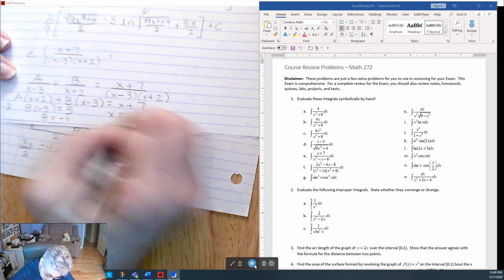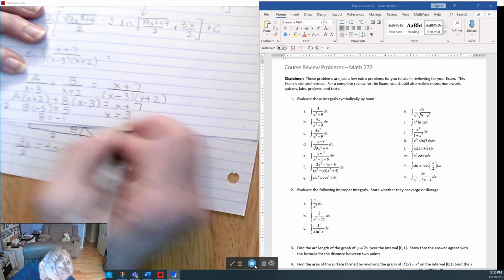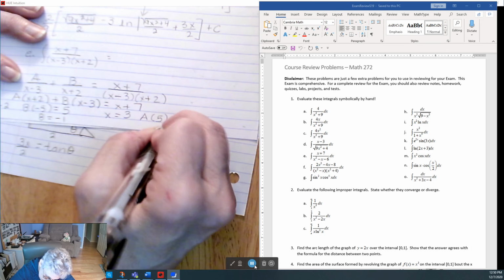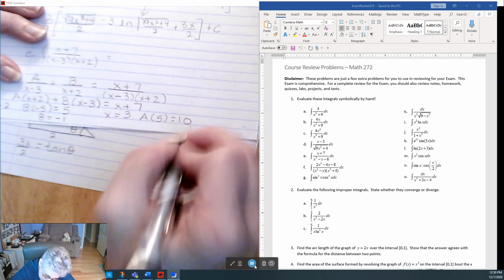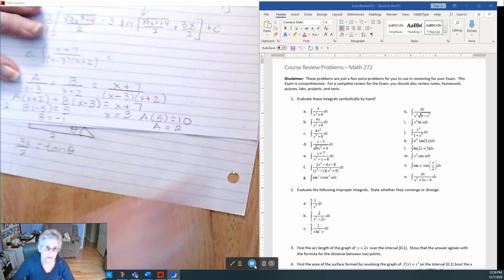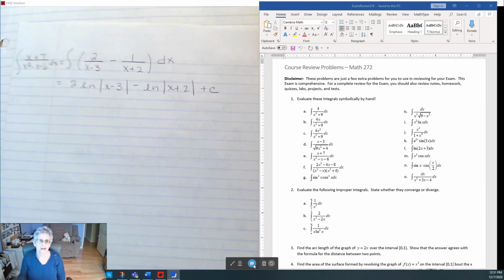If x is equal to +3, then a times 5 is equal to 10. So a is equal to 2. I'm going to write things on the other side of the paper, meet you back here. I wrote it down and just went ahead and finished it up because that one's easy.